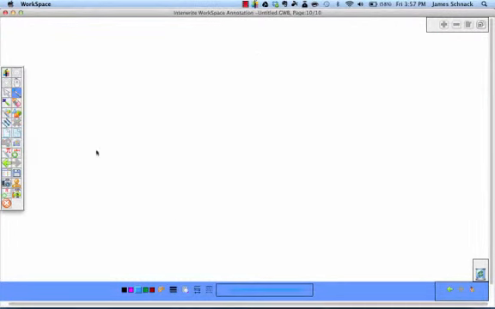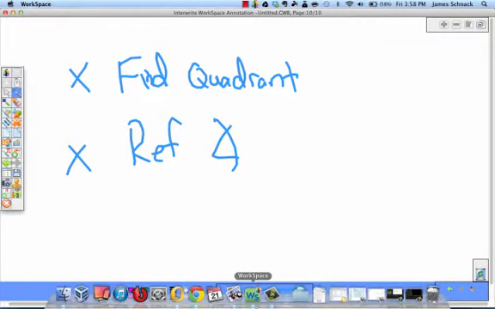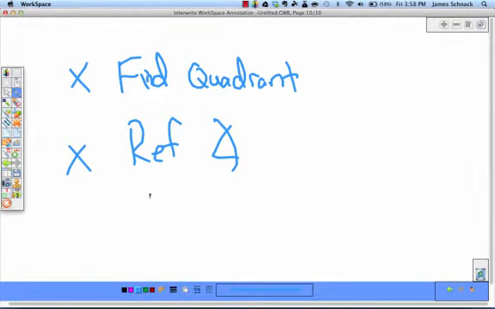Big idea here, no matter what we're doing with the unit circle, you need to find the quadrant and think about the reference angle. These two things, very, very important to being successful in navigating the unit circle and evaluating trigonometric ratios without your graphing calculator.